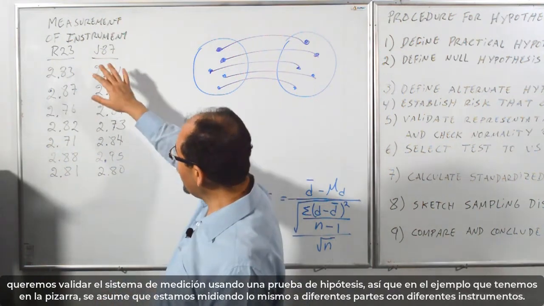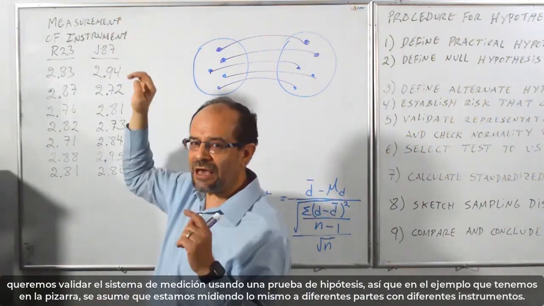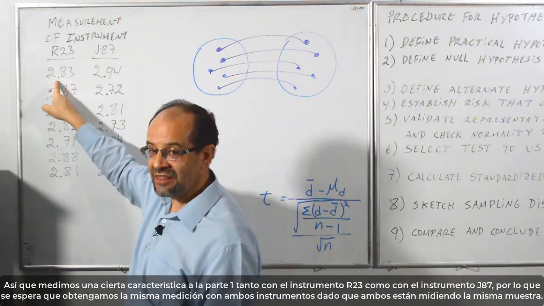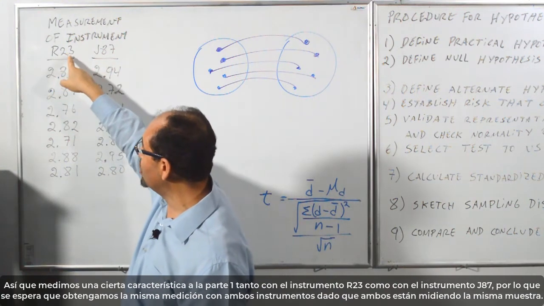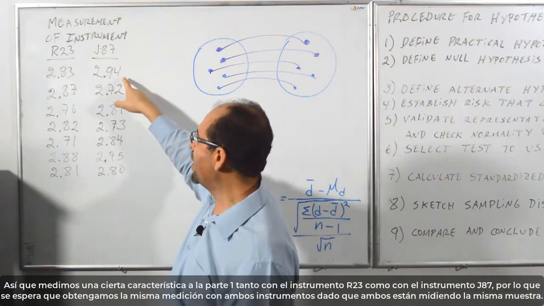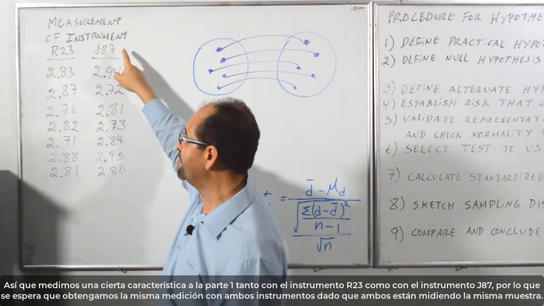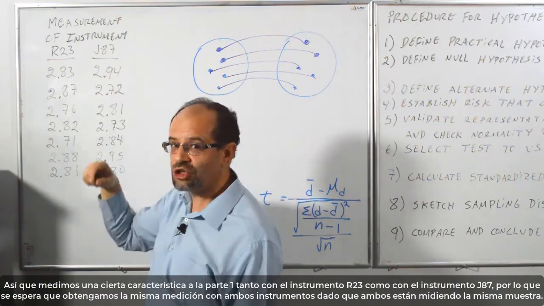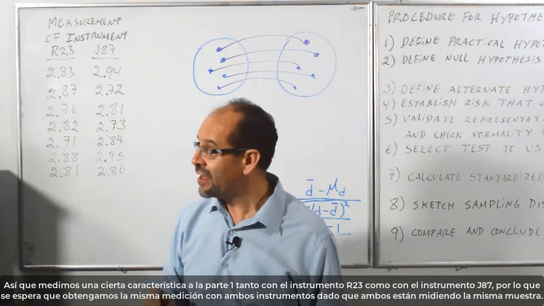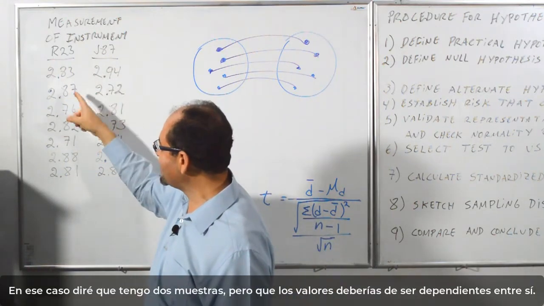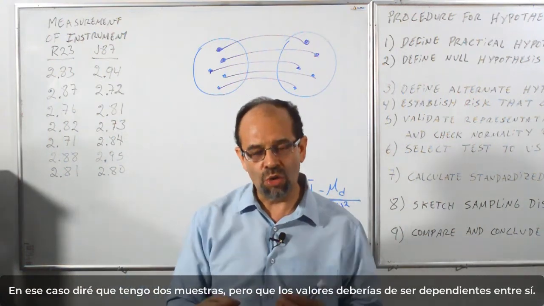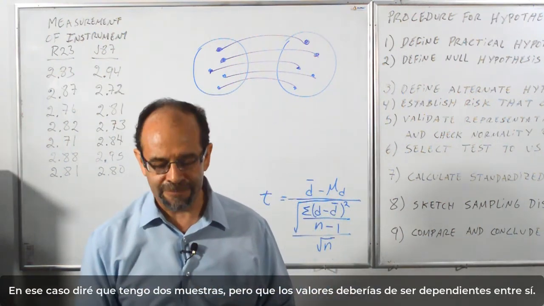So in the example that I have here, you are doing the same measurement for different parts, and for part 1, you have the measurement of that part in instrument R23 and the measurement for the same part on instrument J87. Those two measurements should be exactly the same because both are measuring the same sample. In that case, though I have two samples, the measurements are dependent on each other.